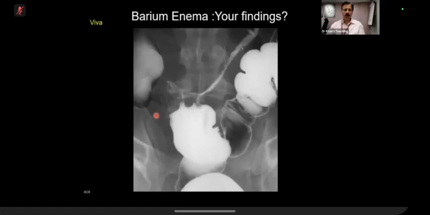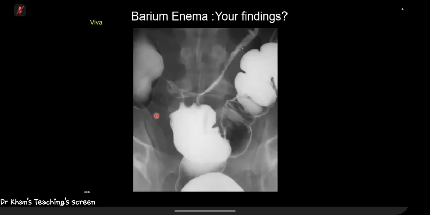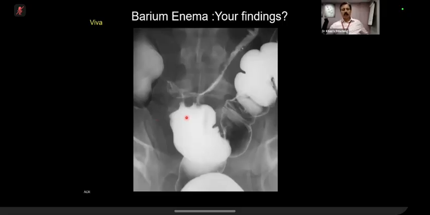So we know that this is Crohn's disease. What is your finding, candidate 10? There are multiple fistulas extending from the distal sigmoid colon to the terminal ileum. Right. So the basic pathology is here in the ileum, and there is a chronic type of fistula, and then there are two connections.